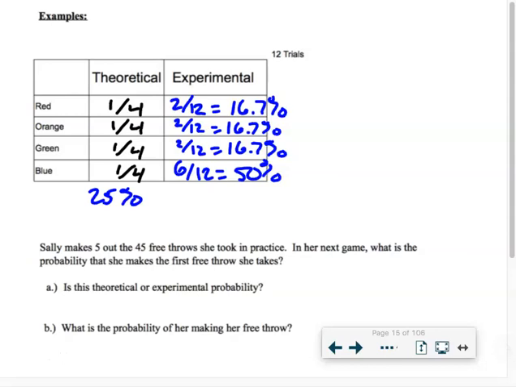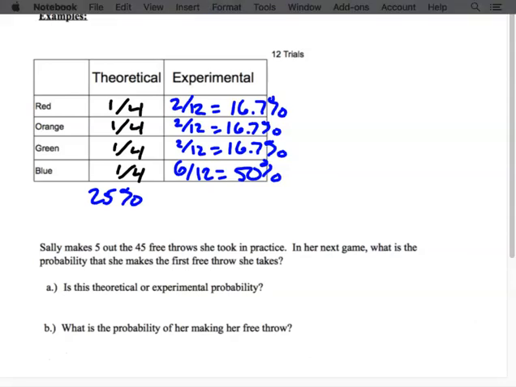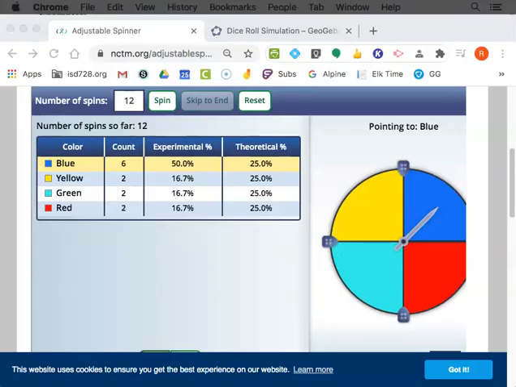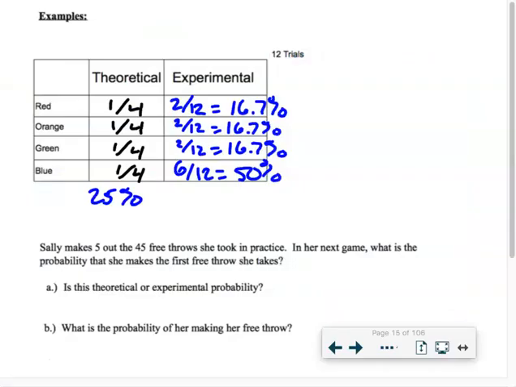So my red, yellow, and green spinners actually came up fewer times than I would have predicted, and my blue came up more times than I would have predicted. So you can see in here, theoretical should have been 25% for all of them, but we really did not end up having that. And we'll talk about what issues that brings up in a little while.